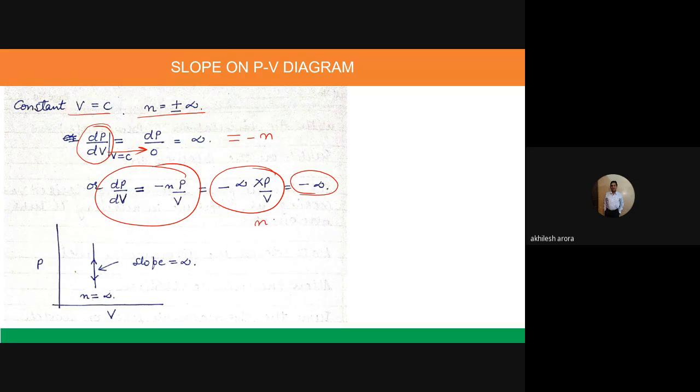So n is equal to infinity or minus infinity for the constant volume process. The slope is infinite actually, so this process is showing the infinite slope of the constant volume process. I hope this is clear.